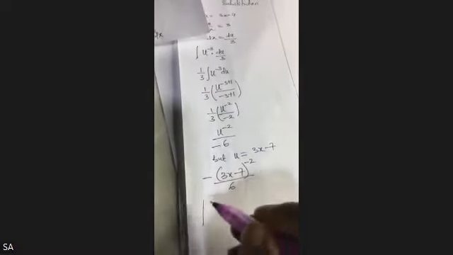That means the integral of 3x minus 7 raised to the power minus 3 dx will give minus 3x minus 7 raised to the power minus 2 over 6. This result is actually our v.